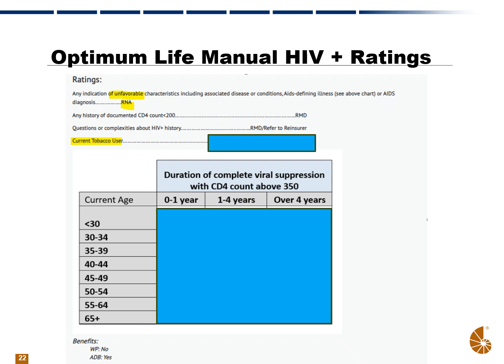Any complex questions about the HIV history, maybe co-diseases that were either treated in the past or questionably present now, should be referred to an MD.